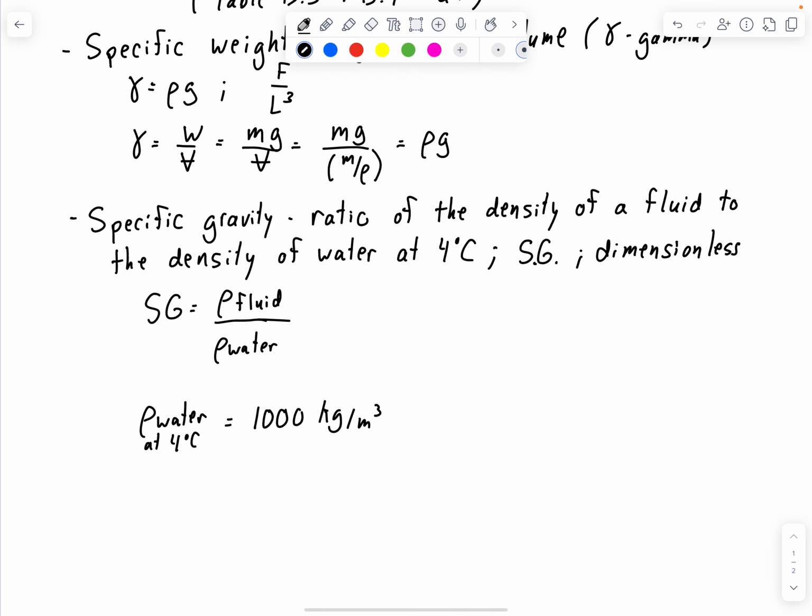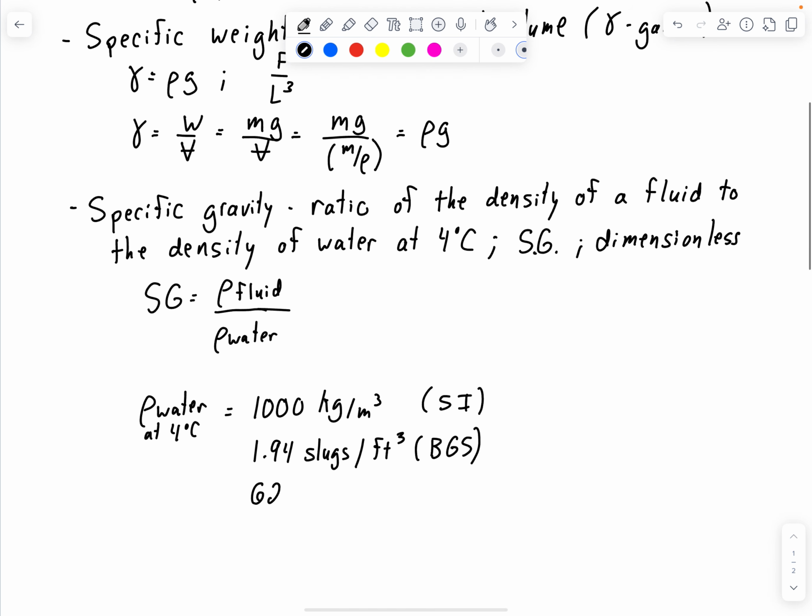Nice round number there. Or 1.94 slugs per foot cubed if you're working in the BG system. First is, of course, the SI system. Or 62.4 pounds mass per foot cubed in the English engineering system.